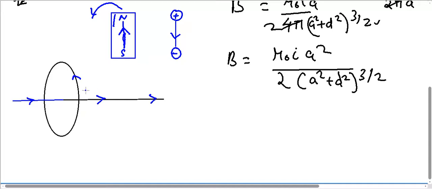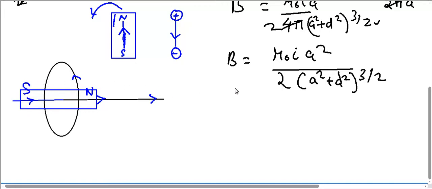If it is an anti-clockwise direction, here it is north, here it is south, and there is a straight line of force as if somebody has kept a bar magnet here with a north pole and a south pole, and inside this the magnetic field is going along the axis in a straight line from south to north. So that is why a circular loop behaves as if it is a magnetic dipole.